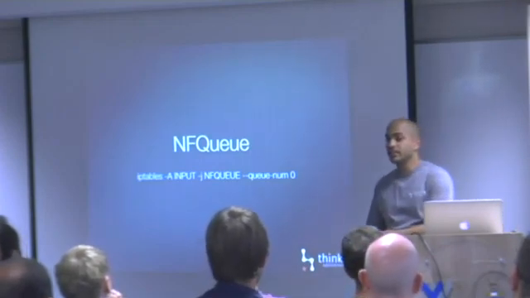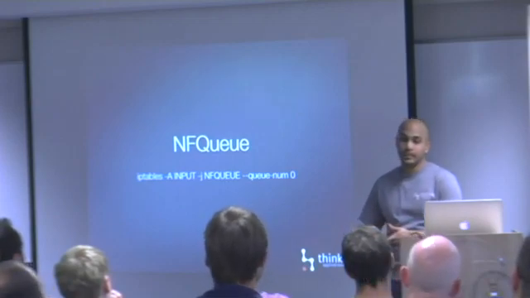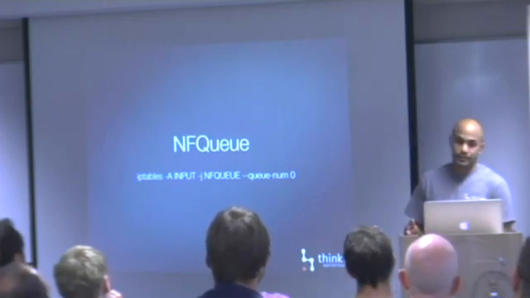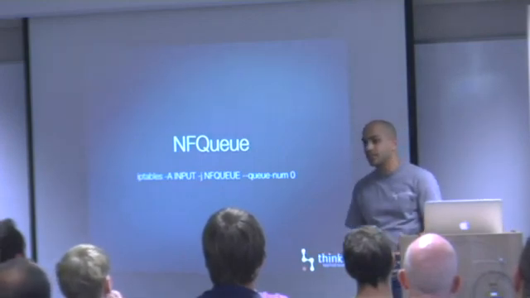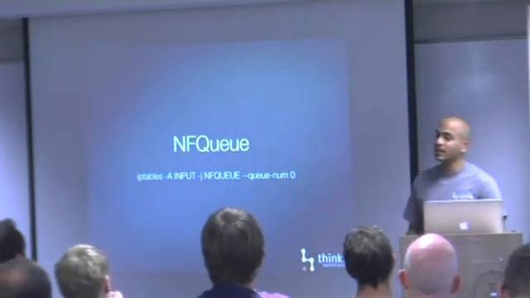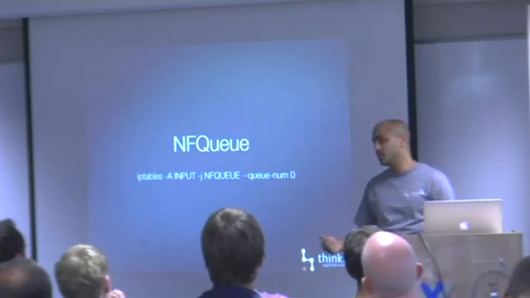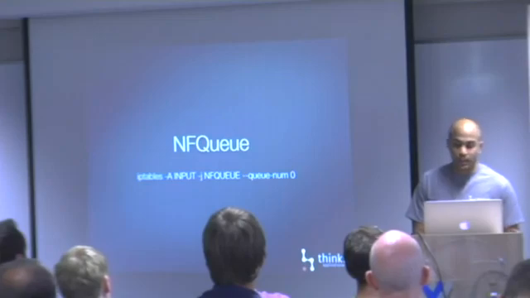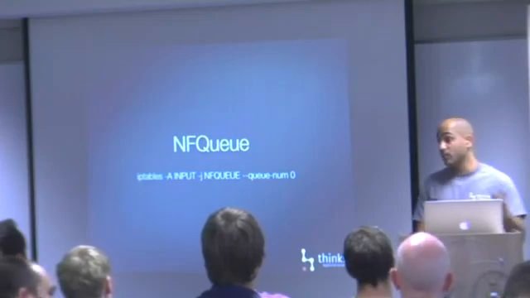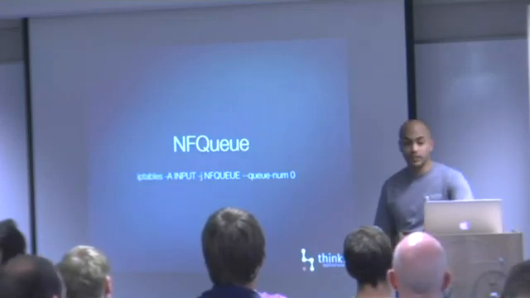Now, instead of using a rule in iptables to determine where the packet must go, you say, okay, well, iptables, pass this packet to user space, and a program there will pick it up and decide what to do with the packet, and then tell you, and then you can carry on with the rest of your work. And it can even modify the packet, so that's often quite useful.